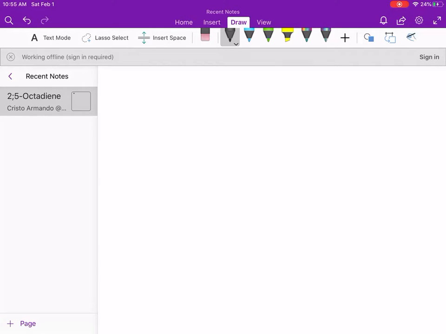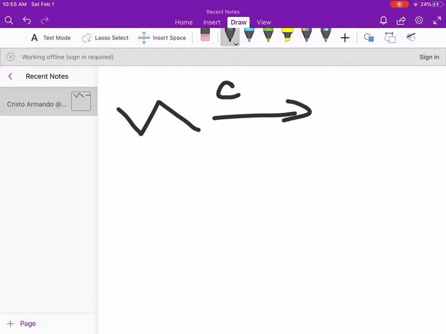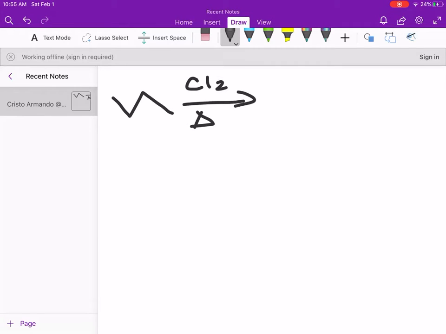Alright. So for the next one, we have butane with Cl2 and heat. And we're going to try to determine the 3 major products. So the first one is going to look like this, right? At this carbon right here.